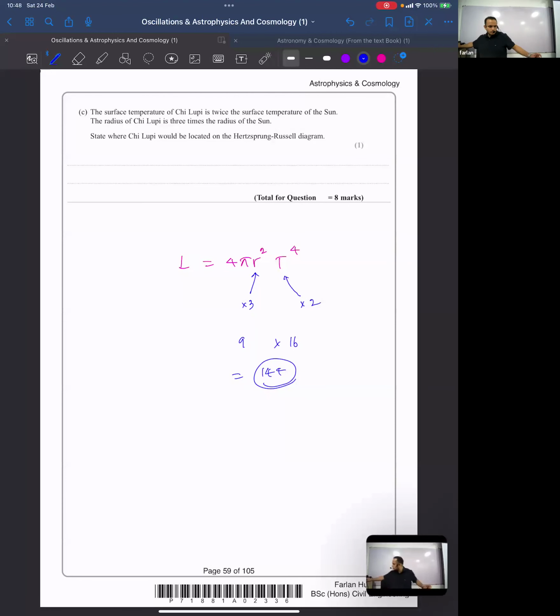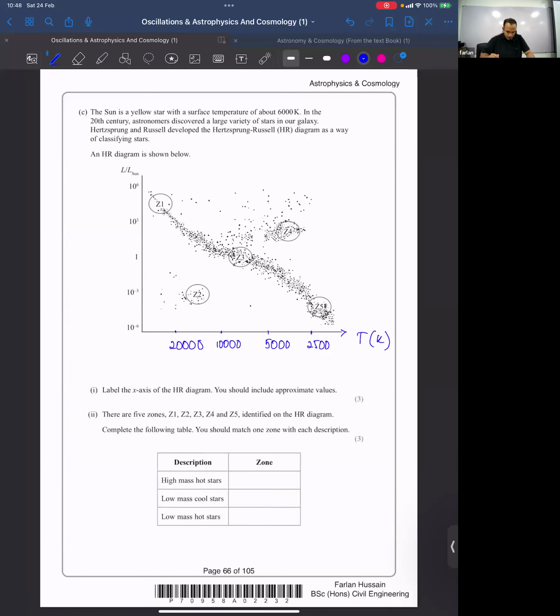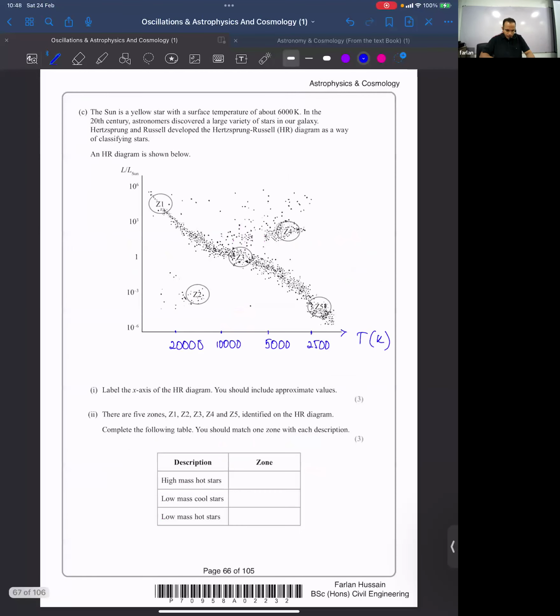Okay, question, what else? Guys, page 66.